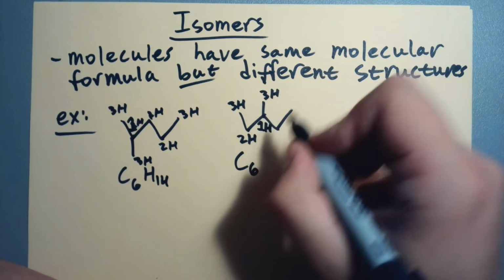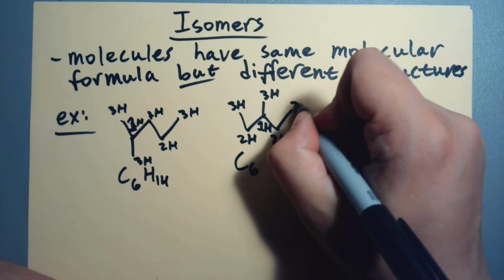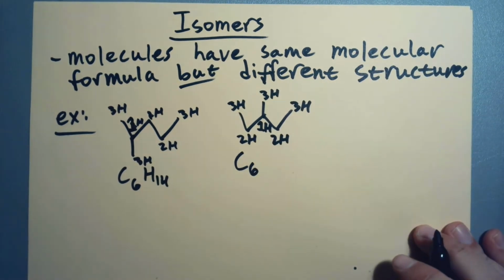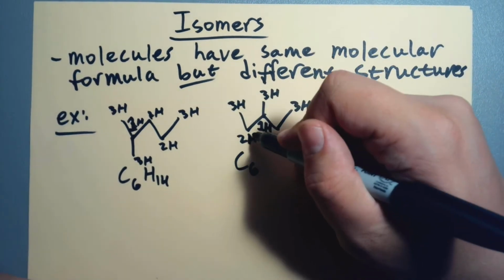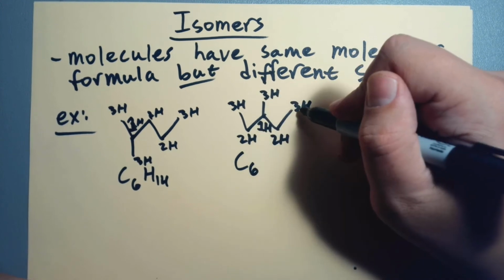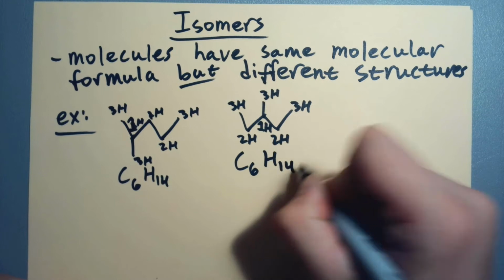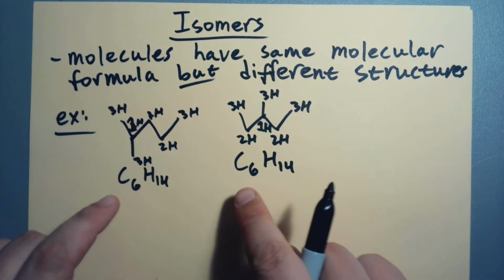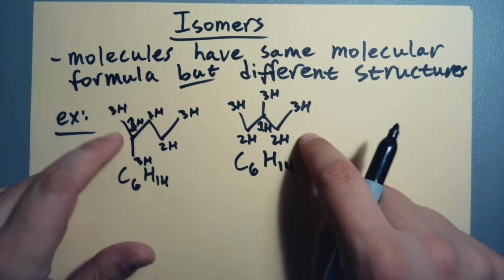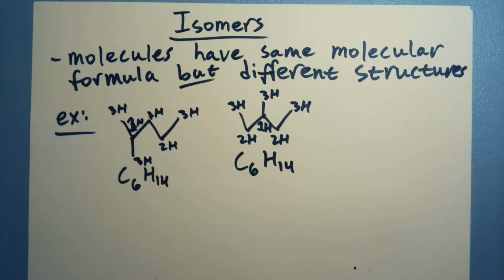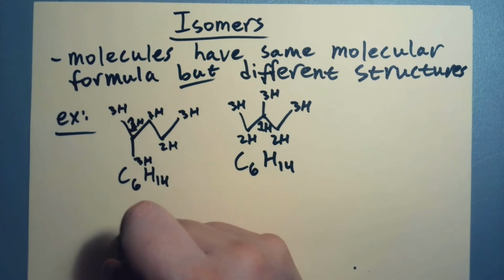That's 1 hydrogen, 2 hydrogens, and 3 hydrogens. Alright, we added up 3, 5, 6, 9, 11, 14. Alright, looking good. So I at least screwed up the same way twice. And so these have the same molecular formula, but they're different compounds. And there's a few other examples we can do with this as well.